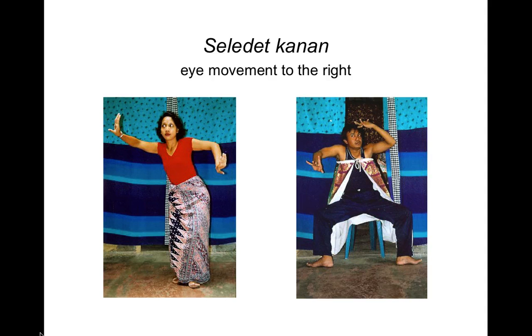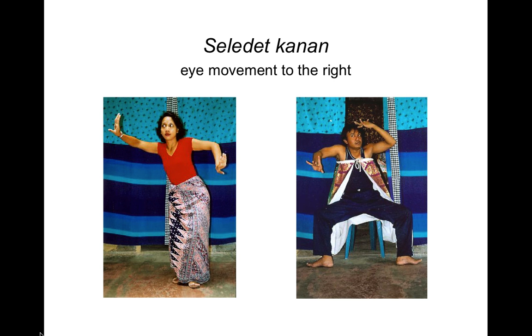So you're looking straight ahead again. You don't necessarily move your head, you don't move your jaw, but it's the opening of the eyes and then darting of the eyes to the right, so that you see the white of the eye, and then coming back to the middle. That is known as a seledet.